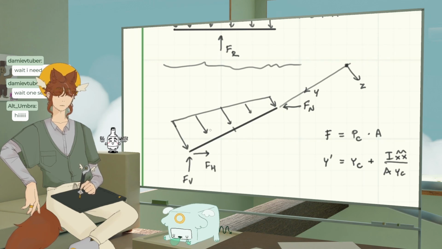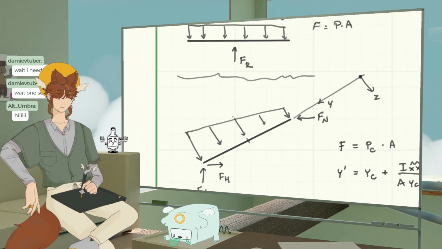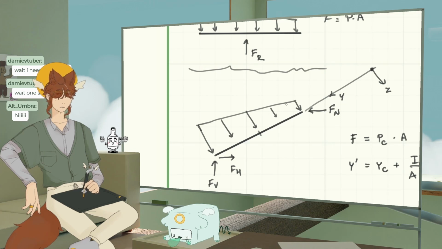So if I was doing an analysis and I was just trying to draw my free body diagram, I wouldn't draw this as this. I would draw this as... I was thinking about if I should just change that to another color. Here, I can change that.